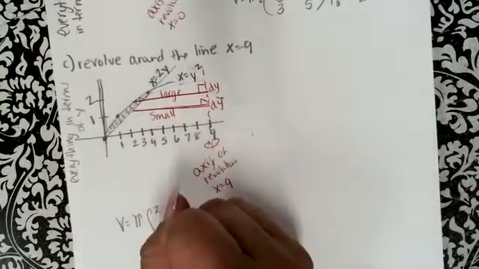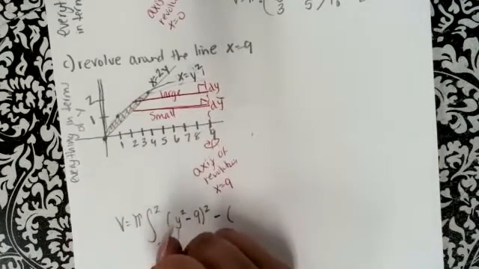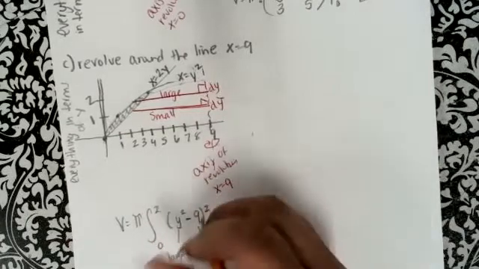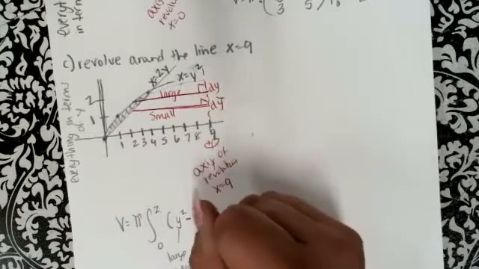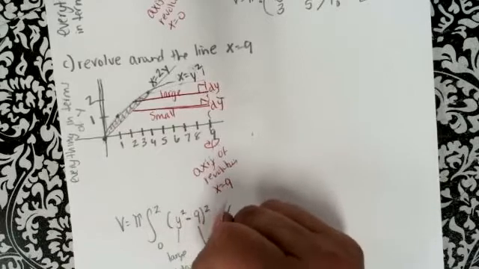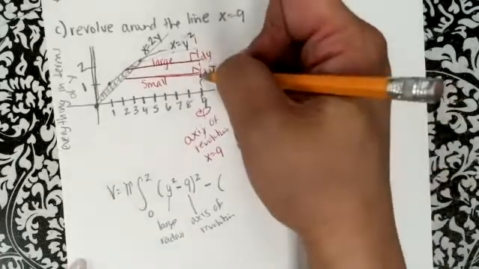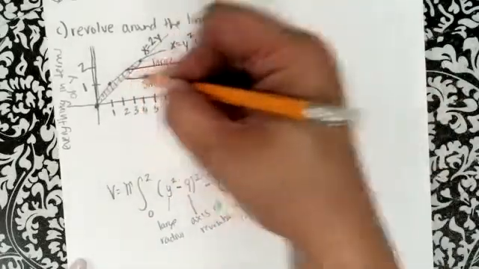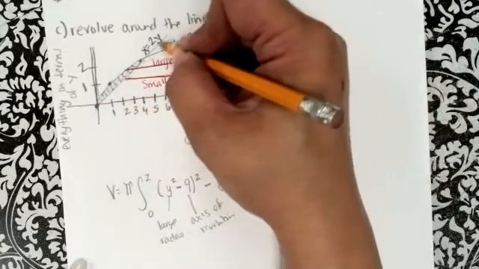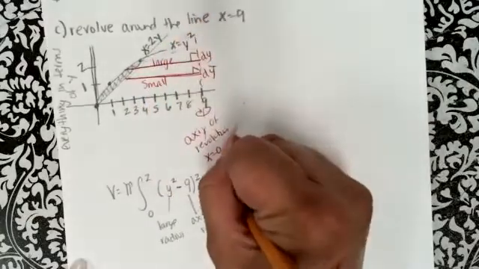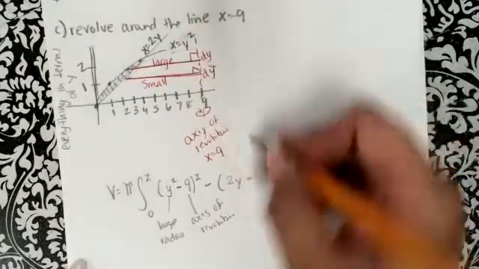Subtract. So this is a large radius. This is axis of revolution. Small radius is the first line you hit, which happens to be this one, which is 2y. Subtract axis of revolution.